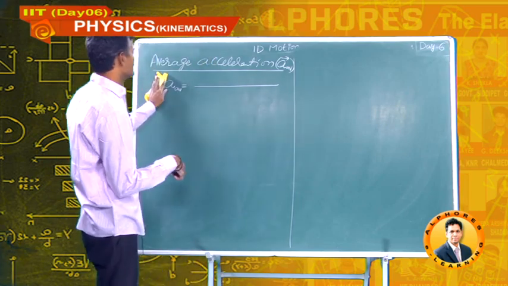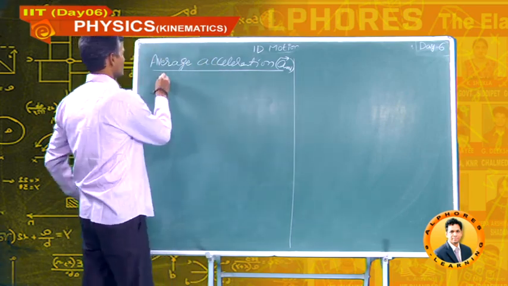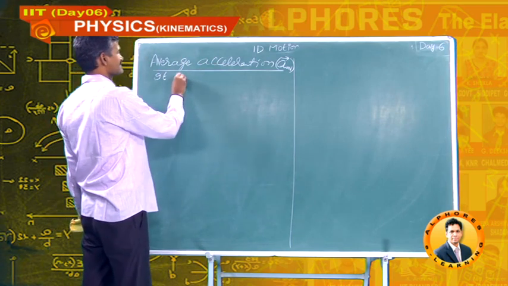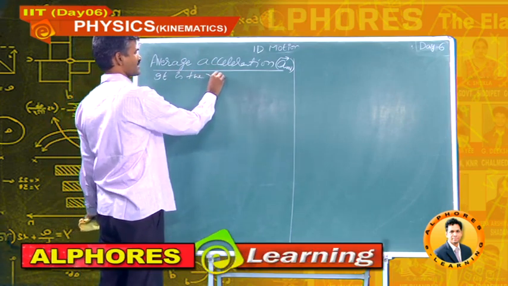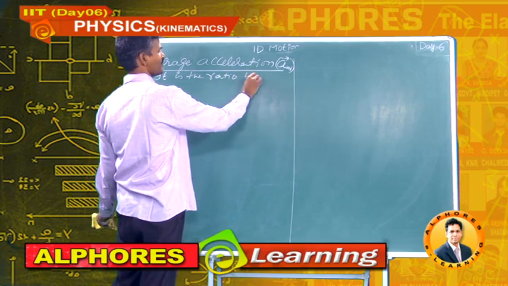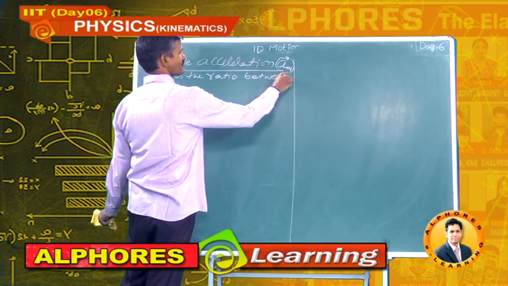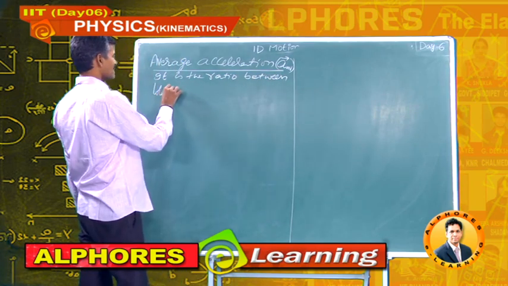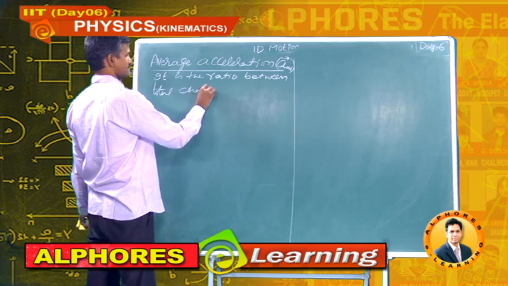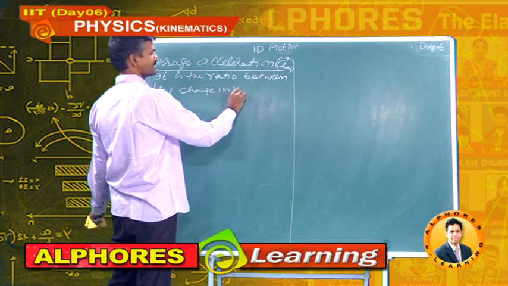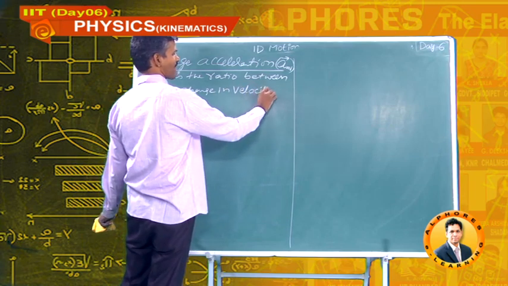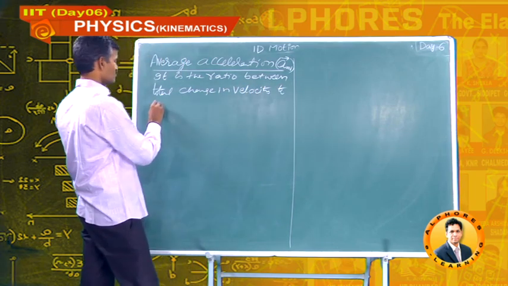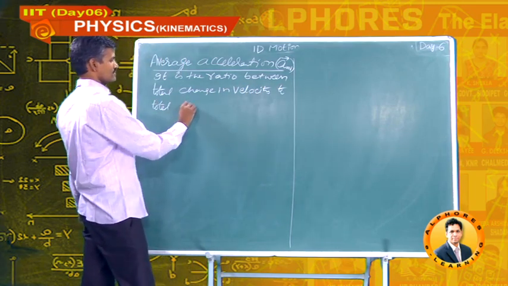Note it down: it is the ratio between total change in velocity to total time taken.